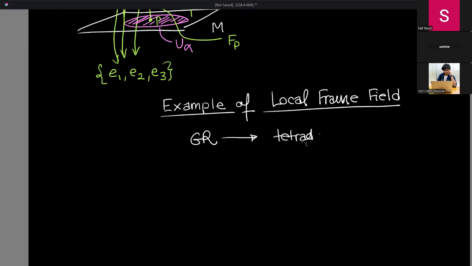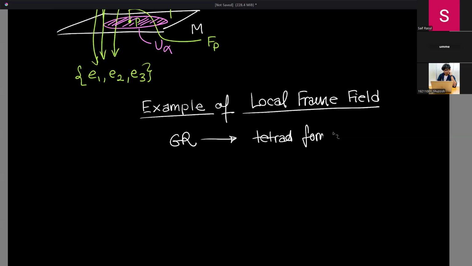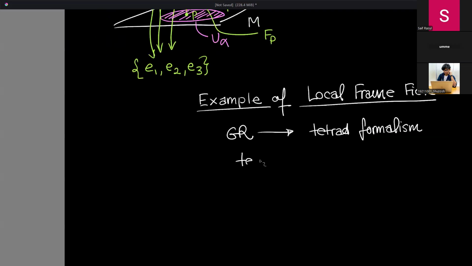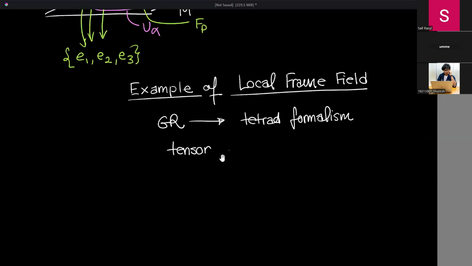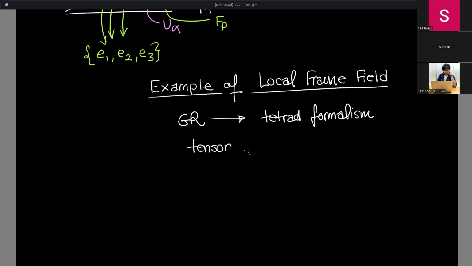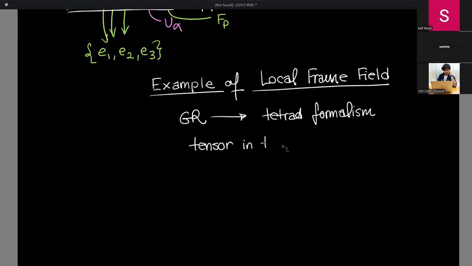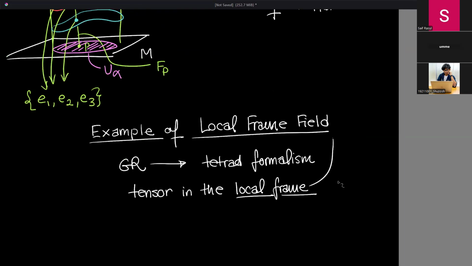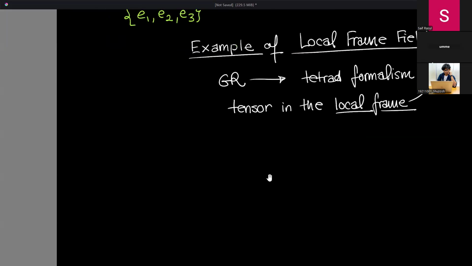And we use the tetrad formalism to express something called a tensor. We're going to talk about tensors in the second half of this lecture. We express it in something called a local frame. In physics, one is very familiar with this idea of local frames, but a local frame is actually, in math, a local frame field.